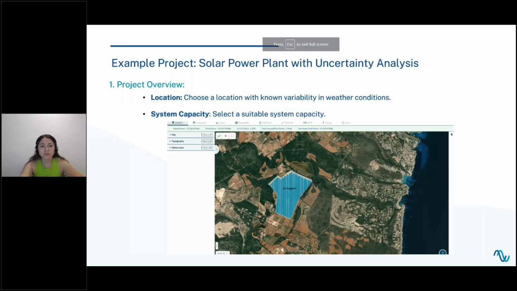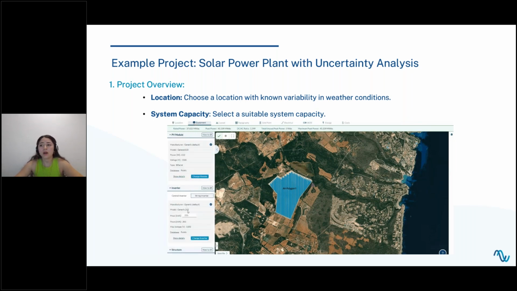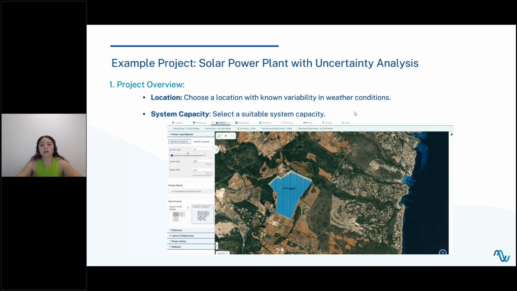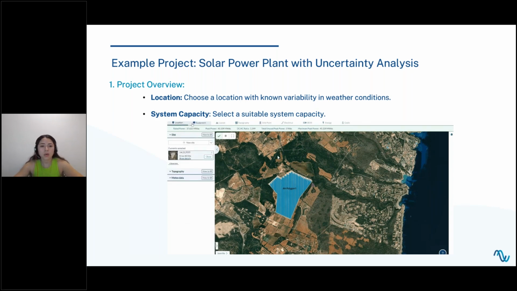So for our second part inside the fourth section of the uncertainty analysis, we conducted a study to show the importance of the sigma value that the user can enter and its impact on the percentiles result. So you can see here, the first step is to choose the location.